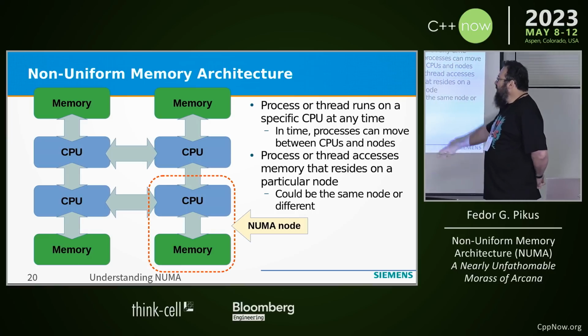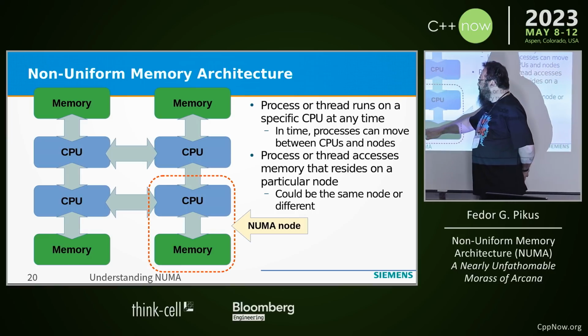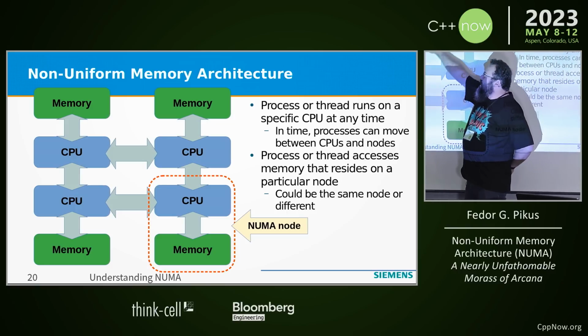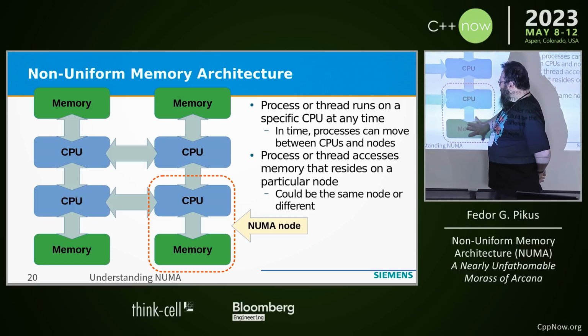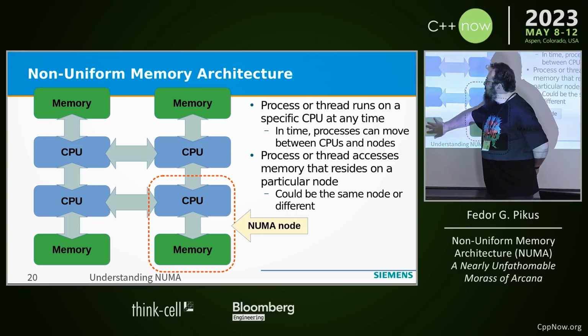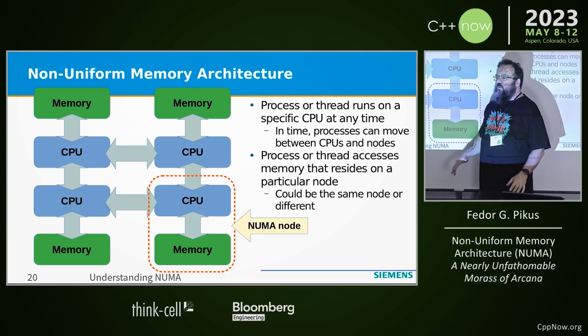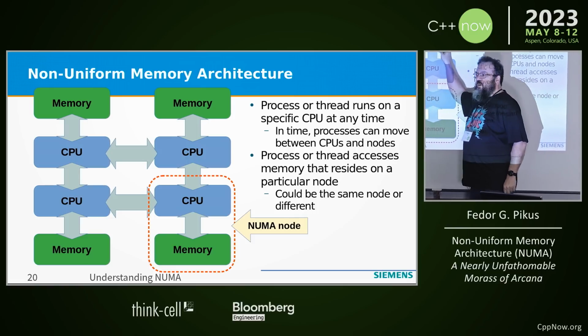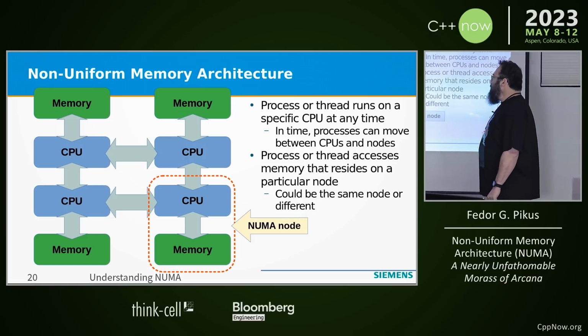Now, each of these threads will be accessing memory. It looks like each CPU talks to its own memory, but actually there is a shared address space. So this memory has some addresses, this memory has some other addresses and so on. If you span your entire address space, you will hit all of them from every CPU.